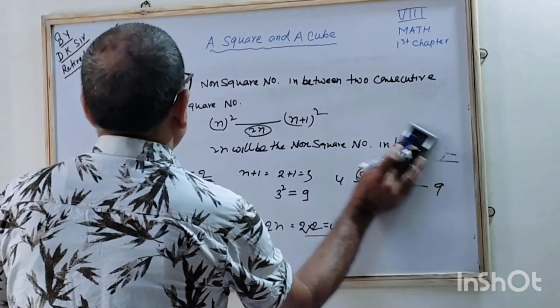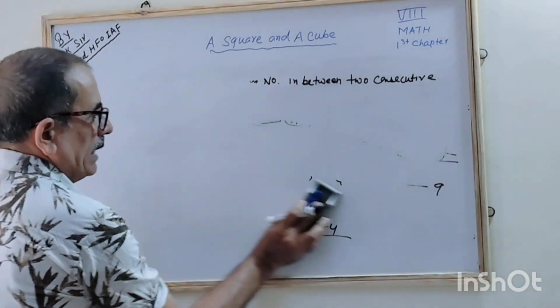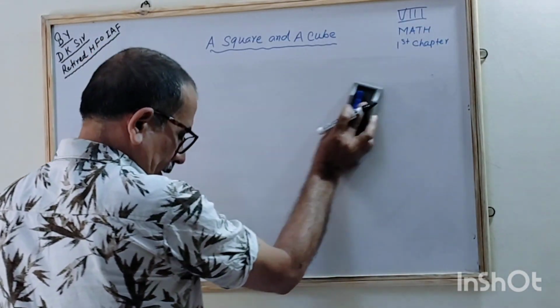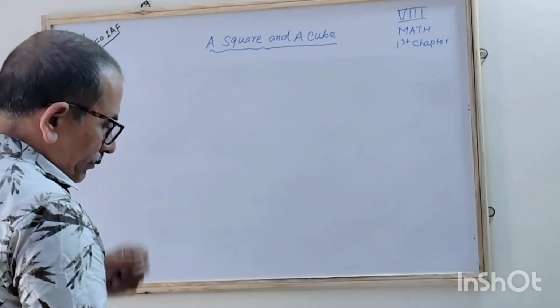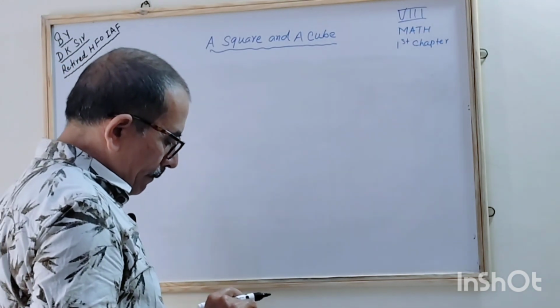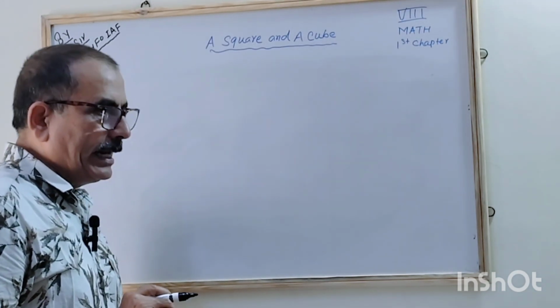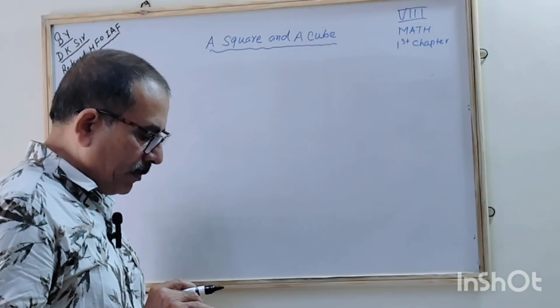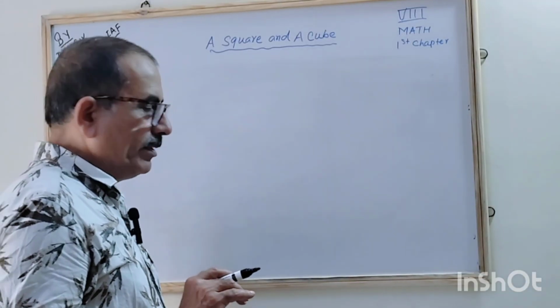Now we will see the next topic, how to find out the sum of the nth triangular number and the n plus 1th triangular number. So what will be that?